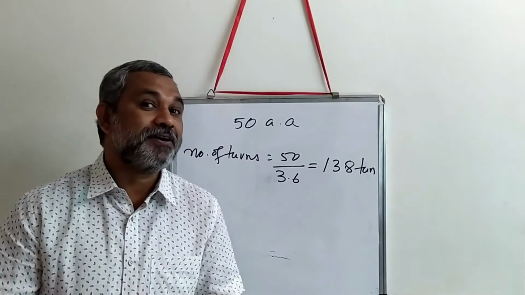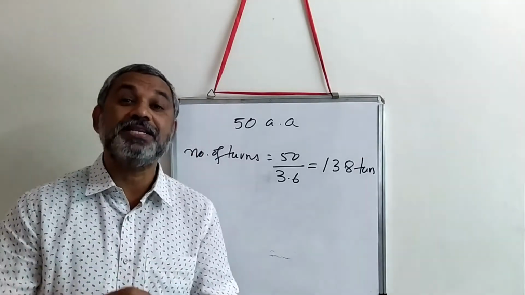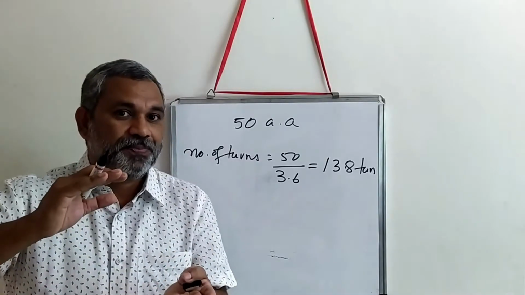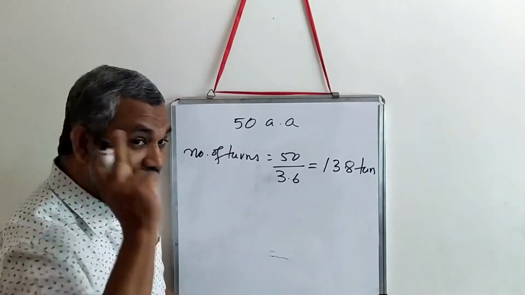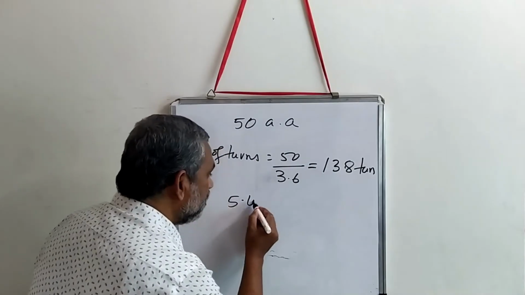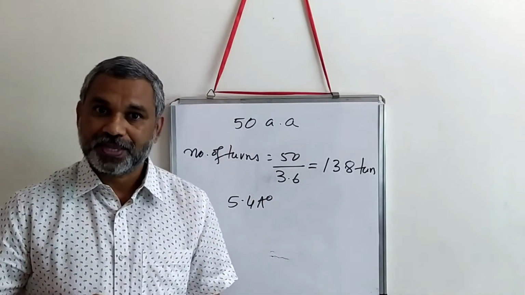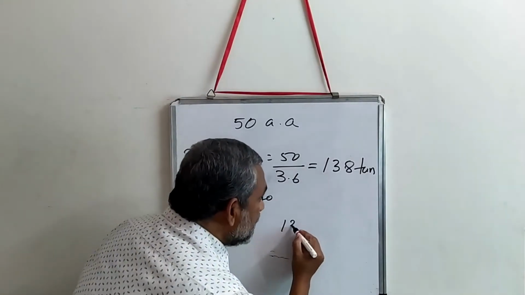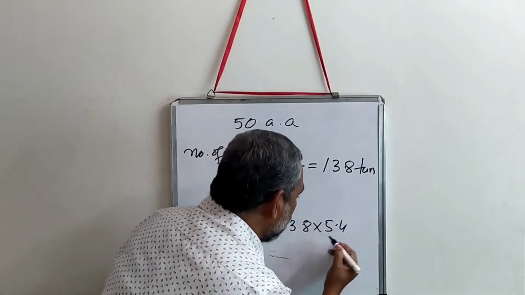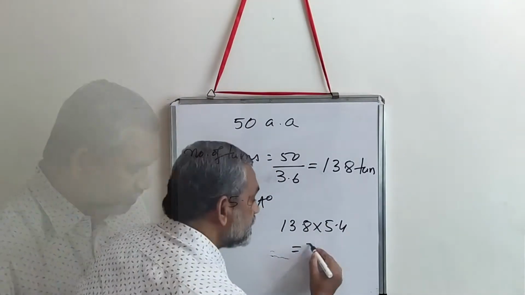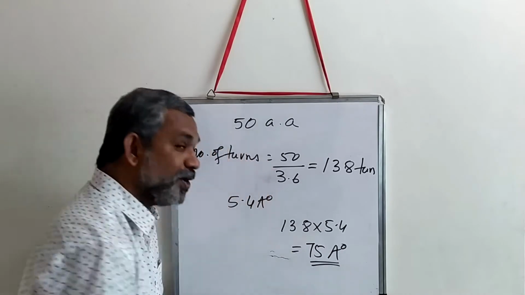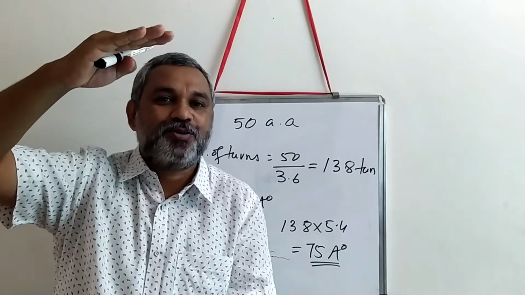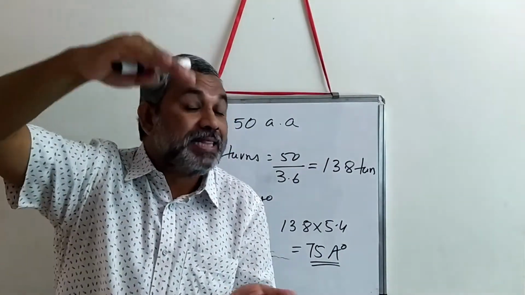Okay, so if you can have 13.8 turns, you know that the pitch of one turn is 5.4 Angstrom. So what will be the total length it will take up? That is 13.8 into 5.4, which is equal to 75 Angstrom. So once you know the number of amino acids, you are also able to calculate the axial length.